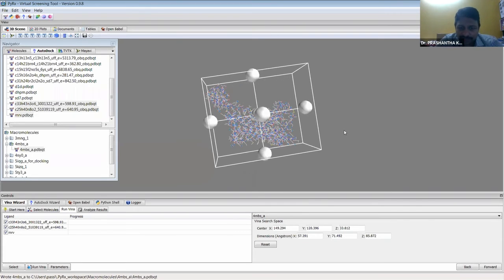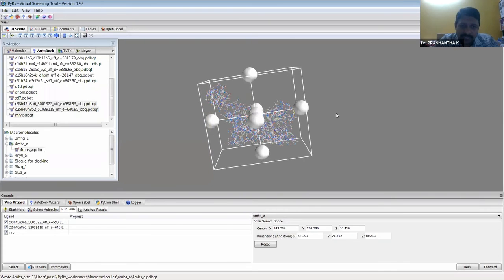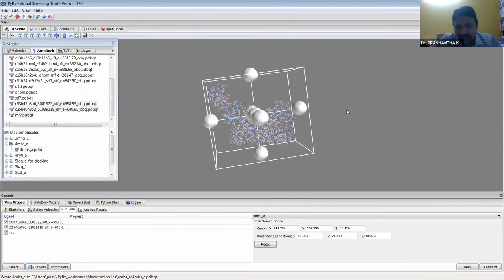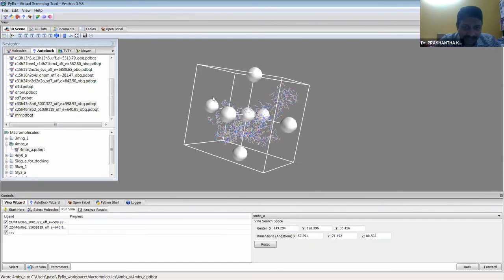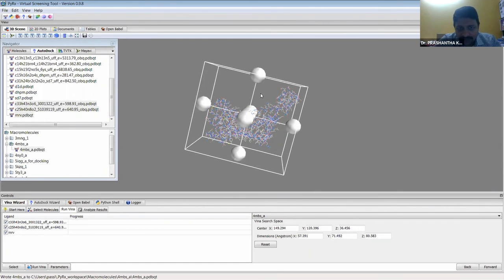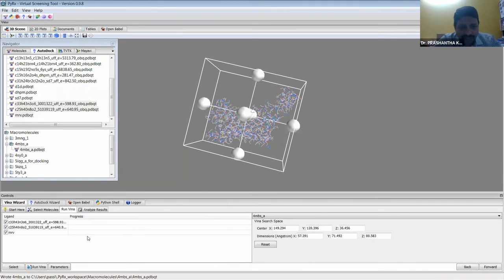So based on that pin code, it will reach the specific city where it should go. And we also know that this pin code is unique for each city. In the same way, the grid box tells that you have 3 ligands and all these 3 ligands should go inside this box.